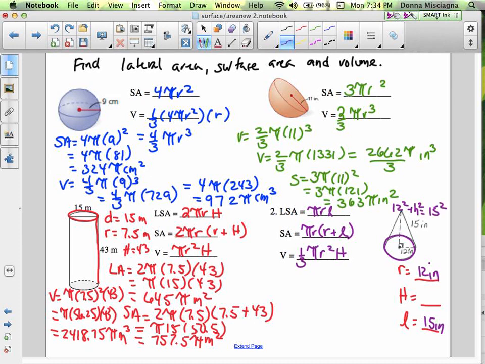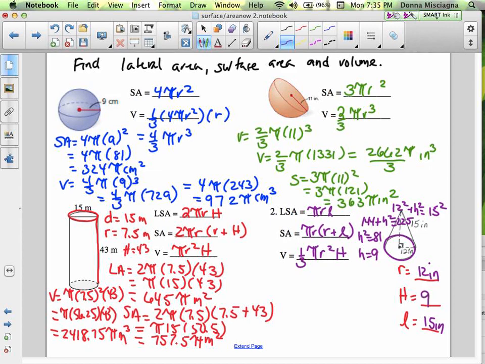So that's 144 plus h squared equals 225. Subtract 144 from both sides. H squared is 81, which makes the height 9.